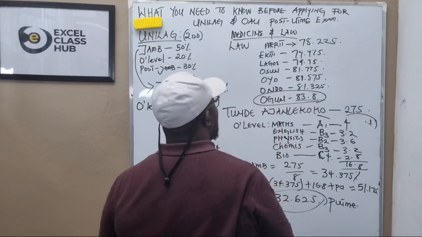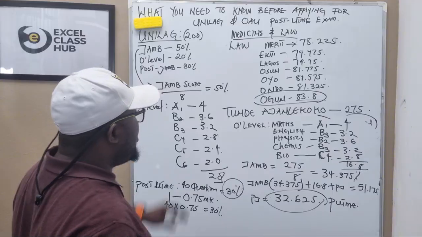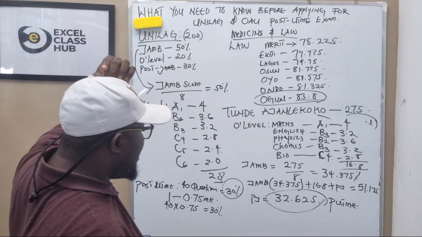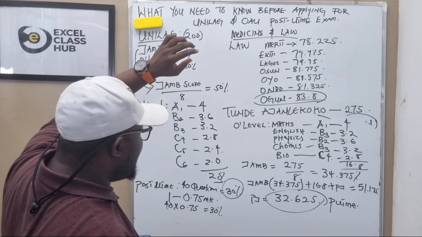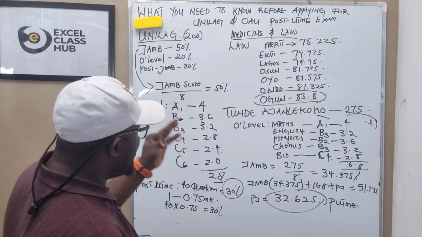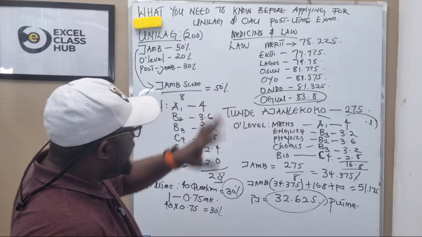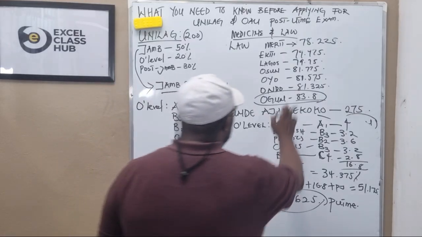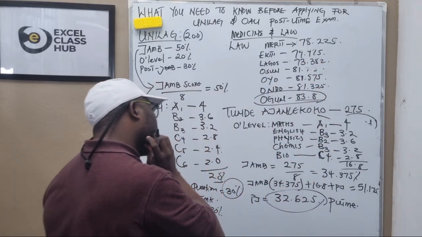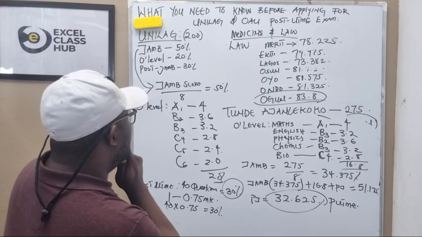That's if you are not an indigene of Lagos, or you are not part of these catchment areas, to be admitted on merit, you need to have 78.225 as your total mark for the combination of JAMB, post-UTME, and O-level calculation together, as I've done for Mr. Tunde Ajanle Koko for law. And Ekiti is 73.382.